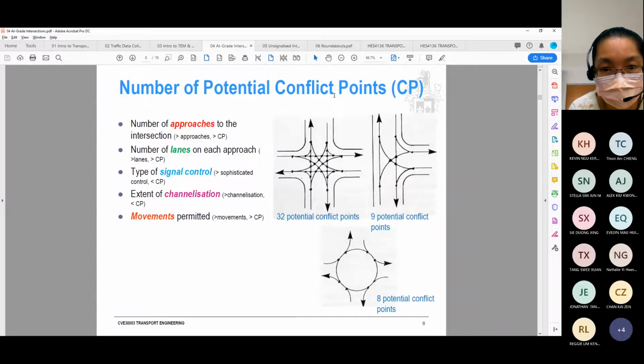So we discussed the conflict points. We want to minimize the number of conflict points, and therefore we put in intersection treatment. Likewise, I think you have done that in your assignment 1 as well. You have already treated your intersection with at least 2 unsignalized, and then you have the other one, a roundabout.